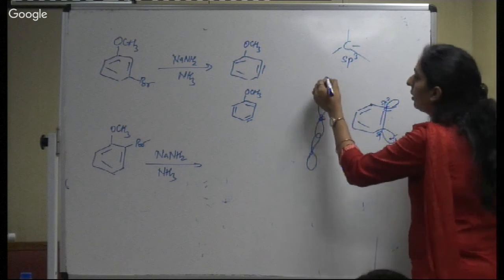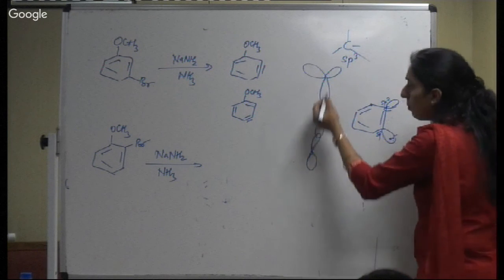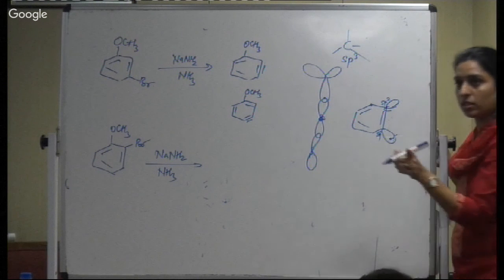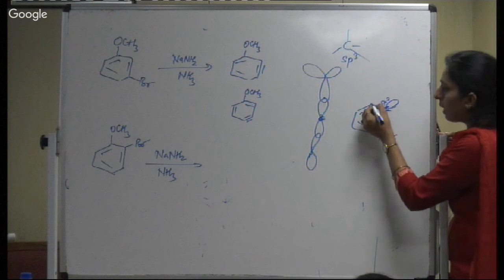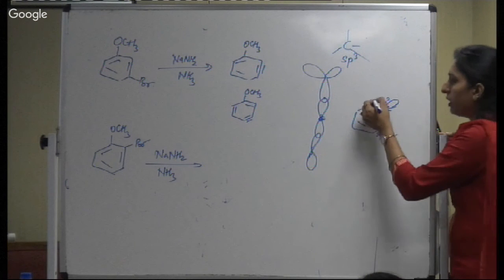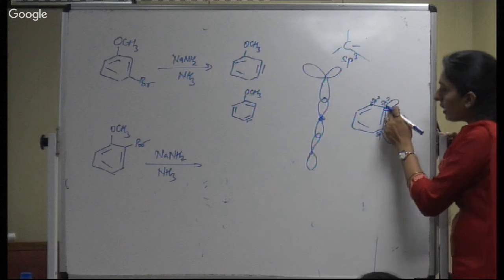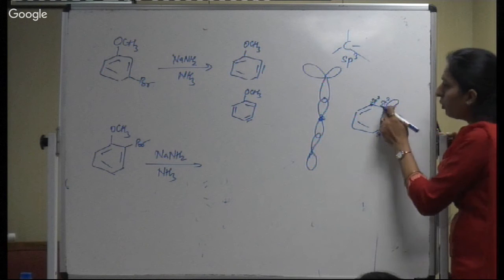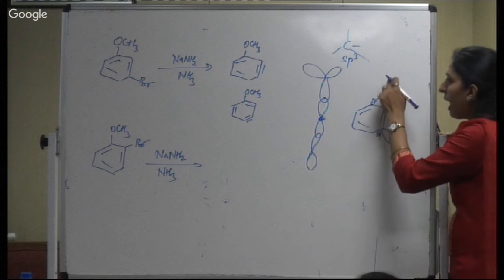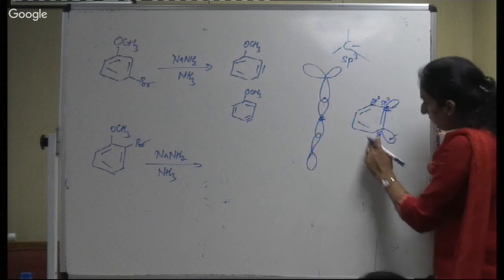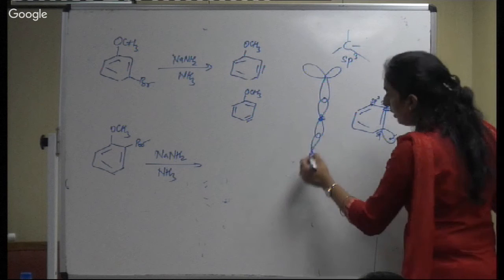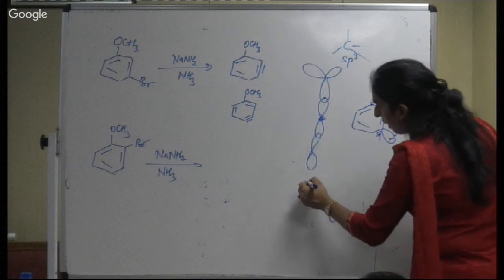It has to, because the orbitals are fixed. They would be linear. It is making a bond with this carbon also, which is sp2 hybridized. The moment this carbon changes hybridization from sp2 to sp, this carbon will have to come over here because it can be a straight line only. This carbon will also come, so that means you will have 4 carbon atoms in one line.